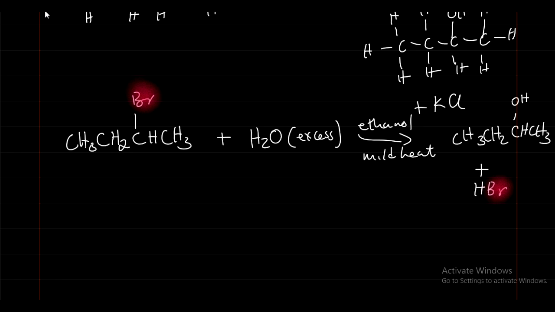Okay, so you can tell that when we use addition, the main product that we can get is the Markovnikov product, which will either be secondary or tertiary depending on the situation.